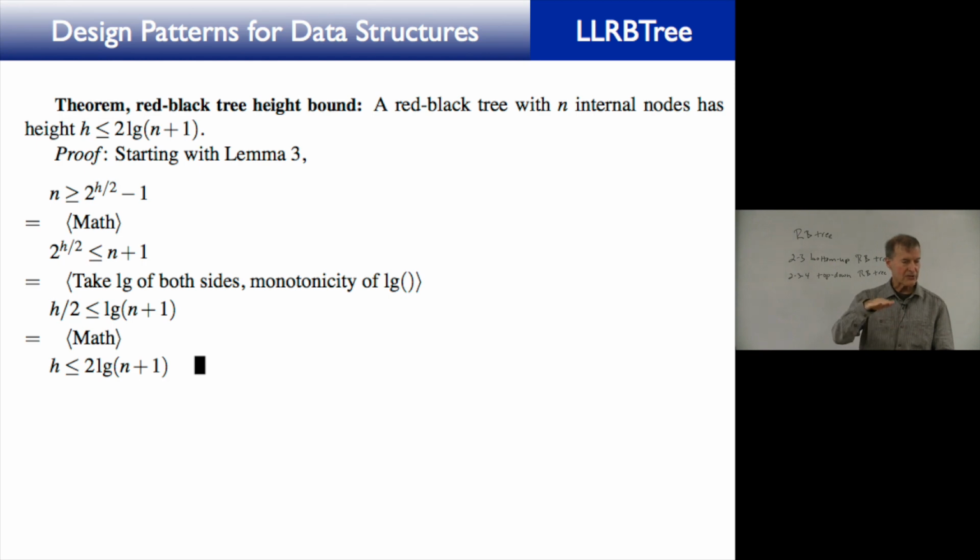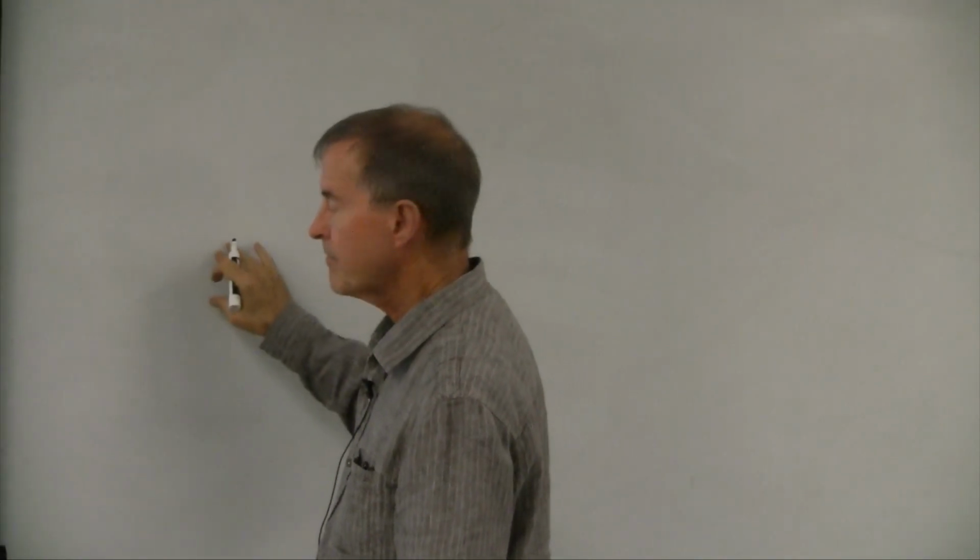And whenever you do an insert, the worst case is that it gets inserted at the bottom, so that's the height of the tree. Also, if you delete, you find the one to delete. That's bounded by the height of the tree.